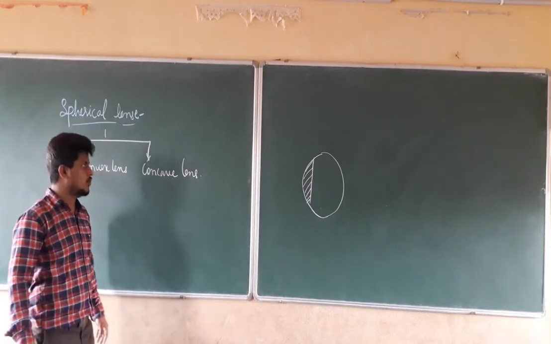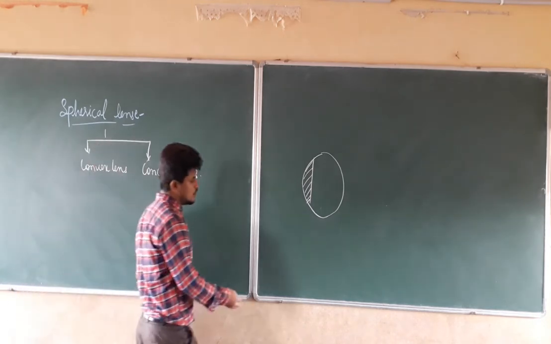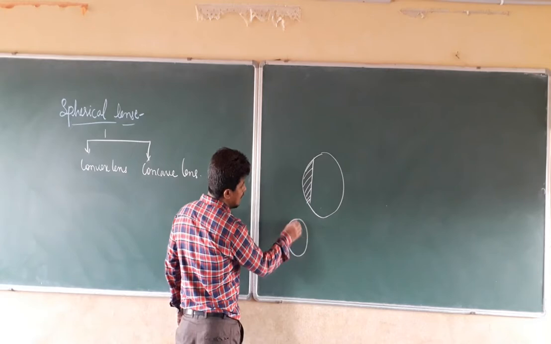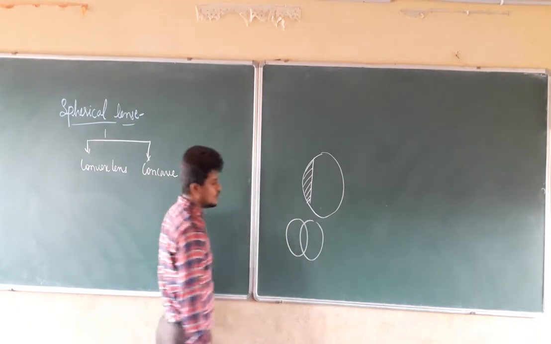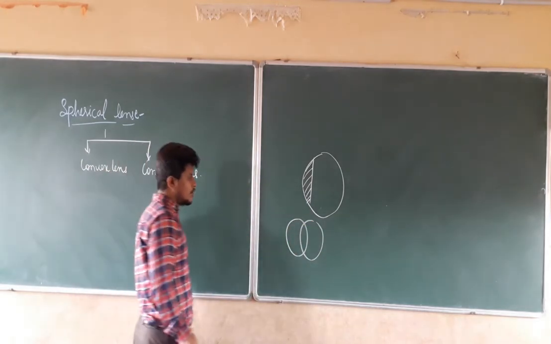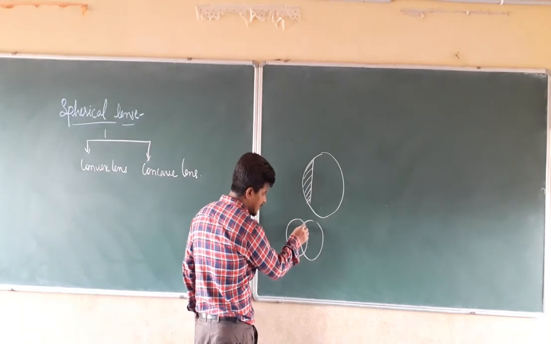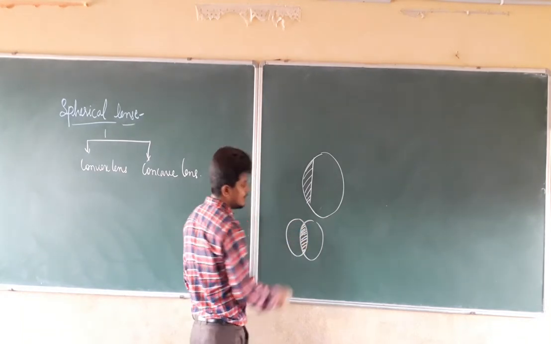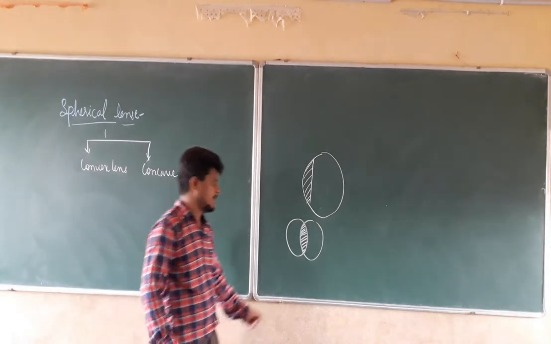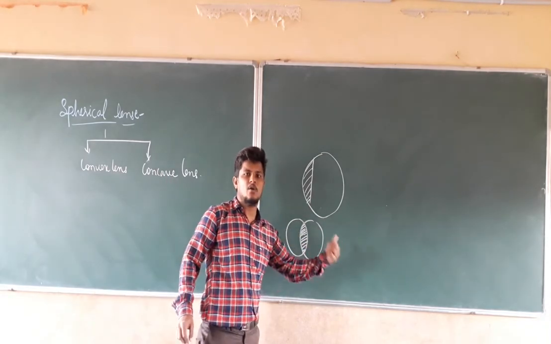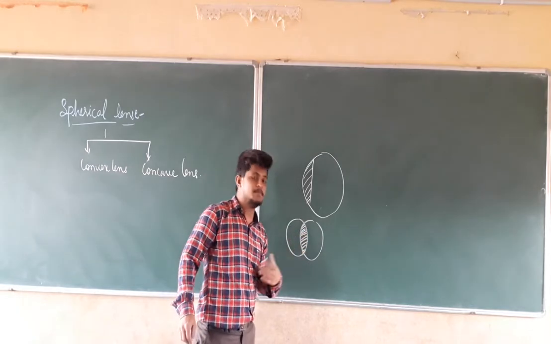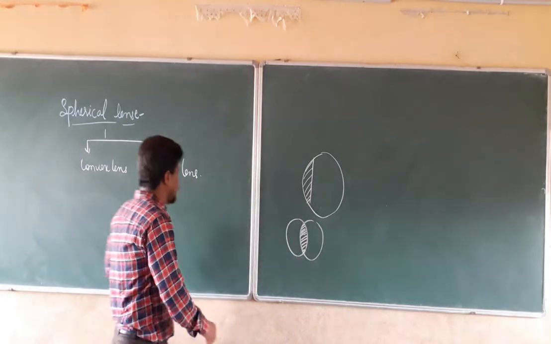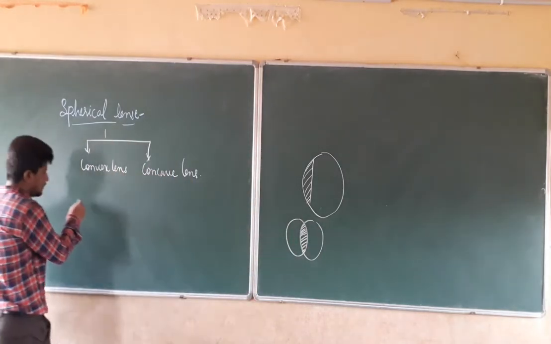For preparing concave and convex lenses, we use two spheres. We cut these spheres exactly like this. This shaded part, where the curved surfaces are bulging outwards, is known as a convex lens.